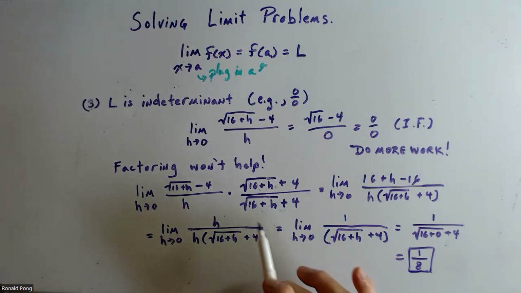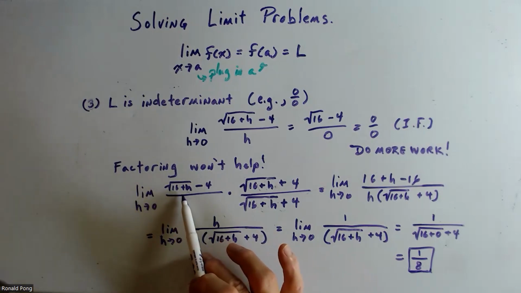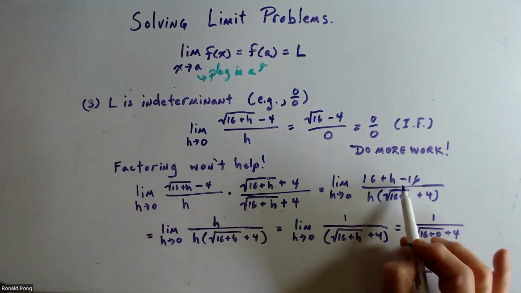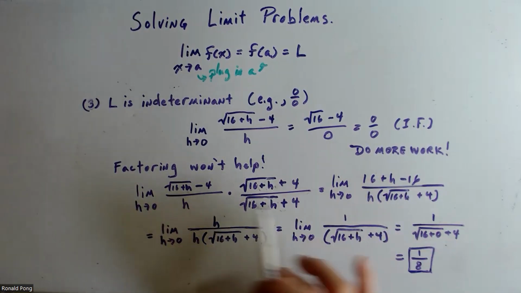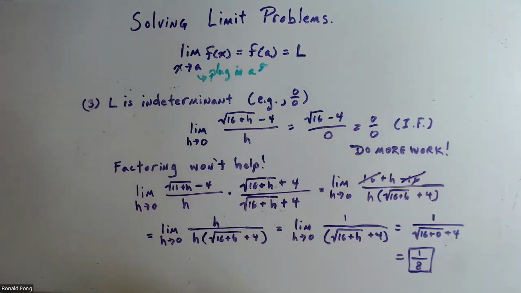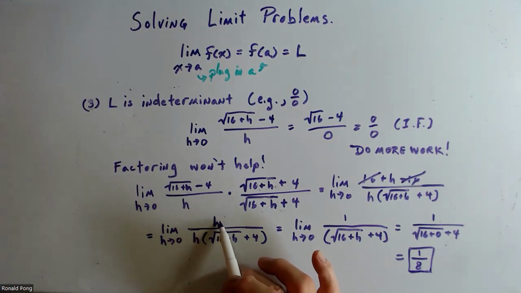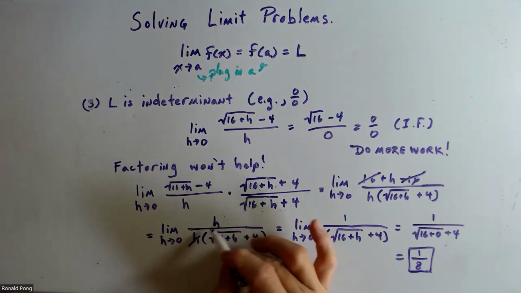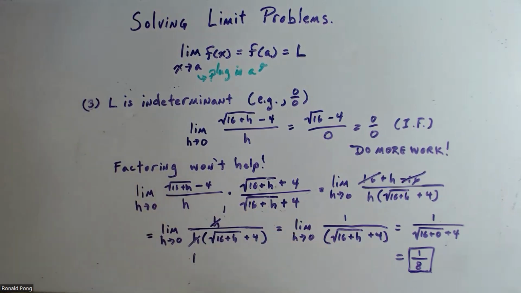Here, radical 16 plus h times radical 16 plus h is 16 plus h, and negative 4 times positive 4 is negative 16. The 16s cancel. This leaves me with an h in the numerator and another one in the denominator, and they can also cancel.